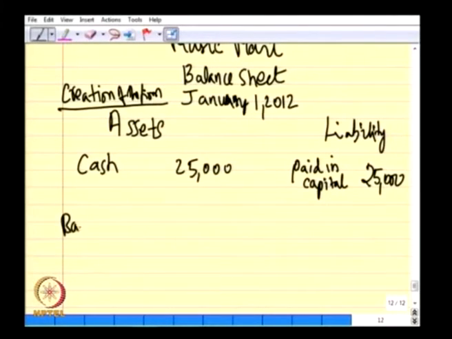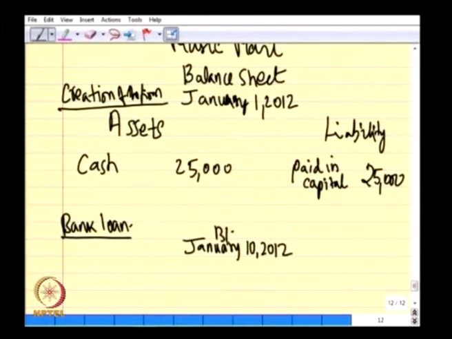Now, the second one is the bank loan. The Music Mart balance sheet remains the same, except that the date changes. So, assume that I did this on January 10th.